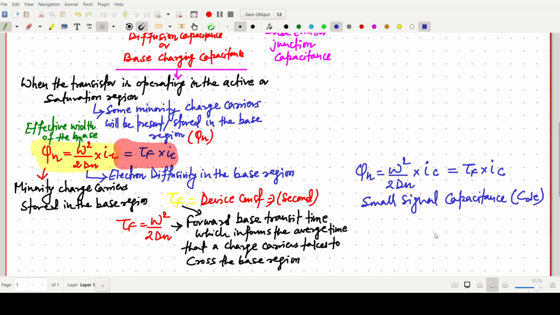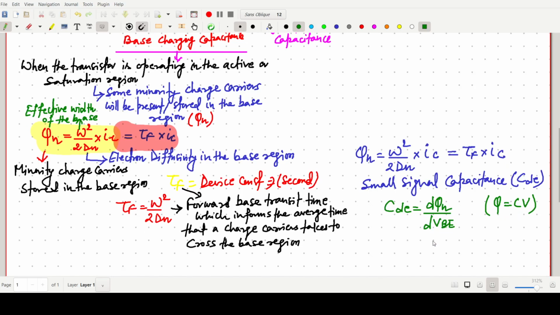So this small signal capacitance CDE is simply, we can write as CD equals to dQn by dVBE, because we have to know the basic Q equals to CV. So C equals to dQn by dVBE. We are looking for the base emitter voltage. So CDE equals to dQn by dVBE.